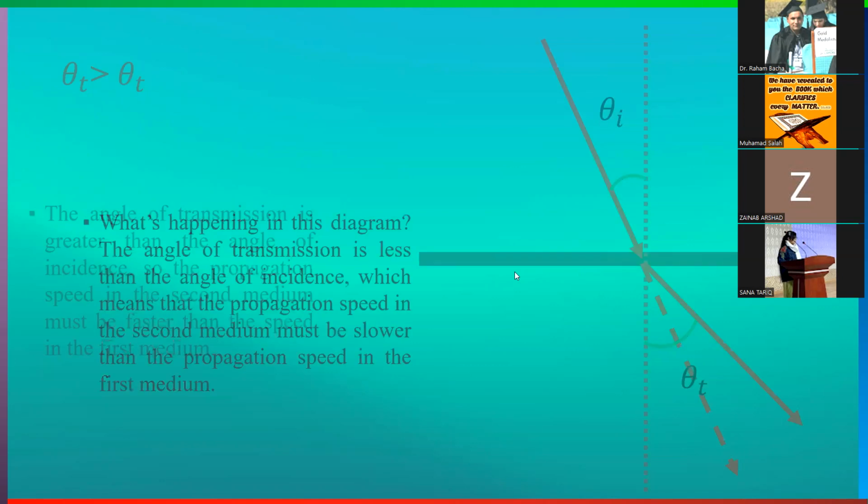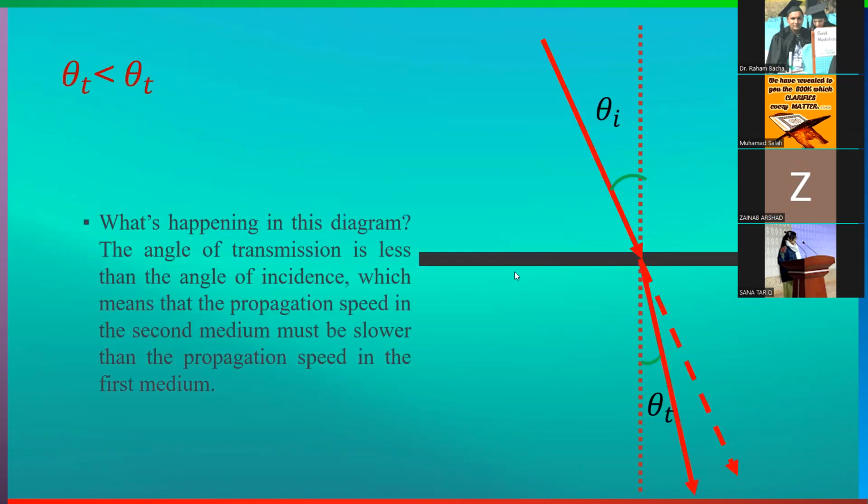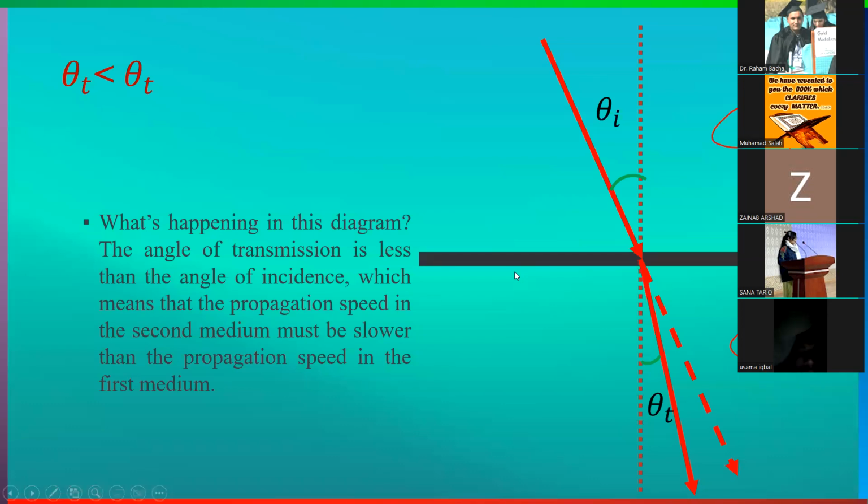And now this is another example. Here you can see the transmitted angle theta t is smaller than theta i, and the speed of sound in medium 2, c2, is smaller than c1. So these are different conditions of Snell's law, and according to this Snell's law, you can have different artifacts.